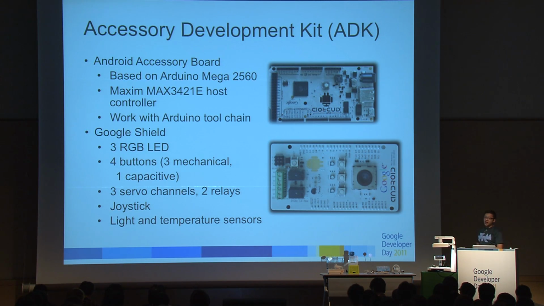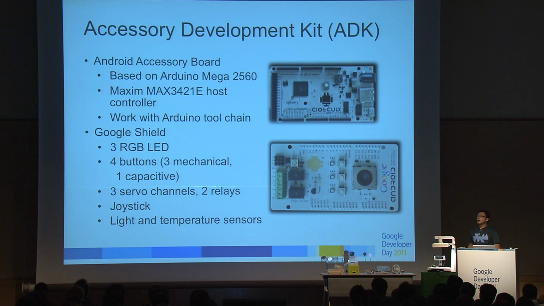Now, the ADK, the Accessory Development Kit. There are 2 parts of the ADK. The first part is the Android Accessory Board. In this case, we picked the Arduino Mega 2560.